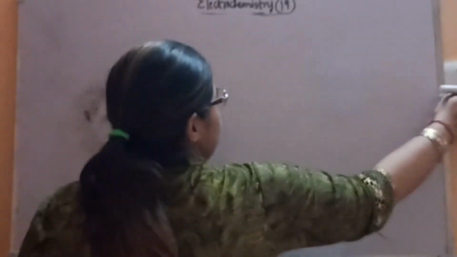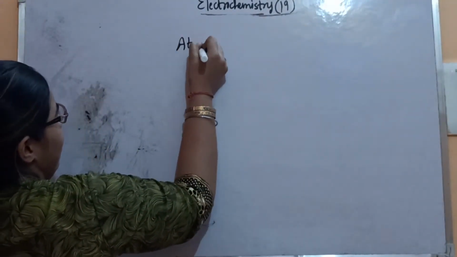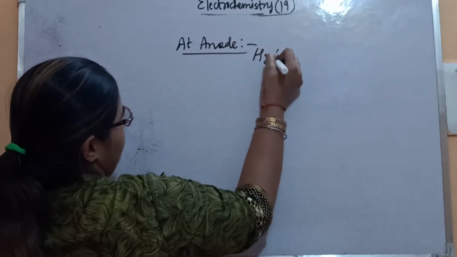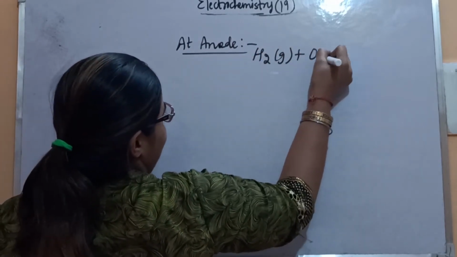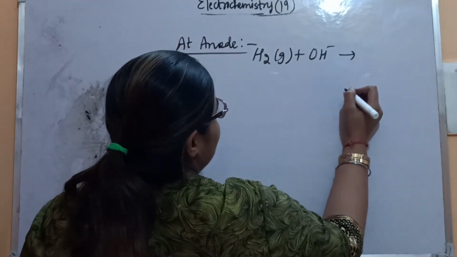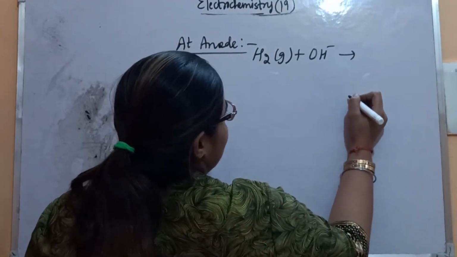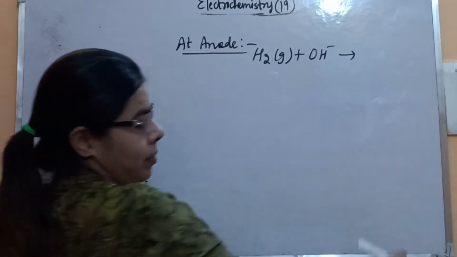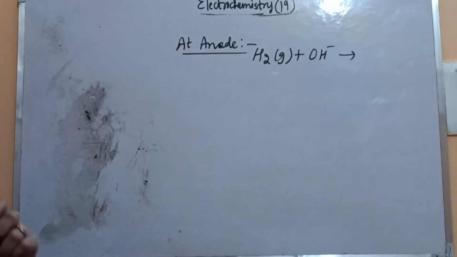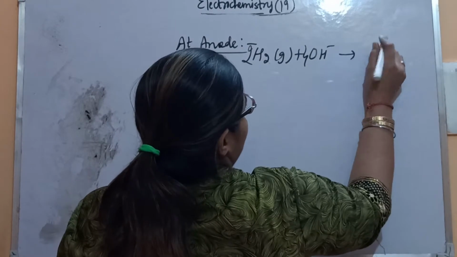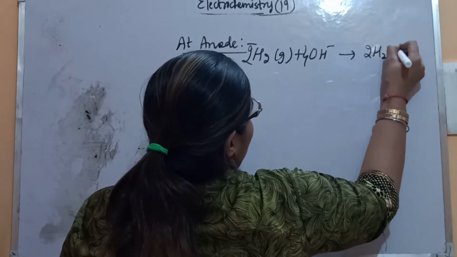At the anode, hydrogen gas is bubbled, so hydrogen gas will react with the electrolyte. It's the anode, so electrons are lost: 2H2 plus 4OH minus gives 4H2O plus 4 electrons.